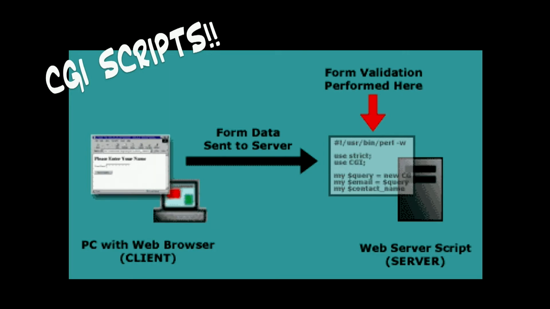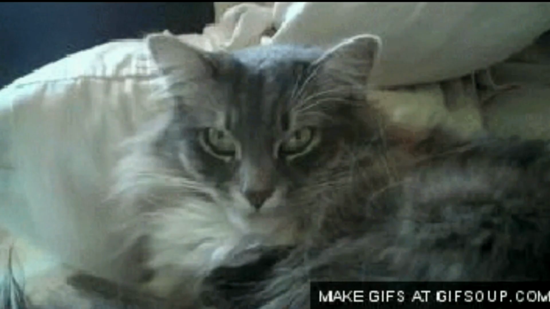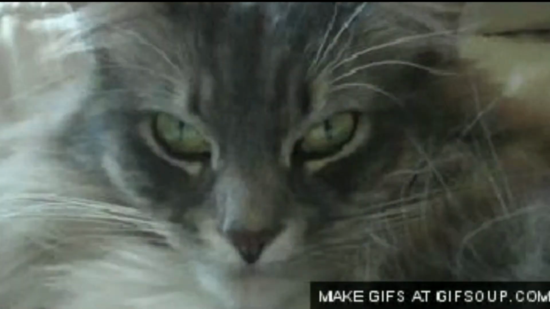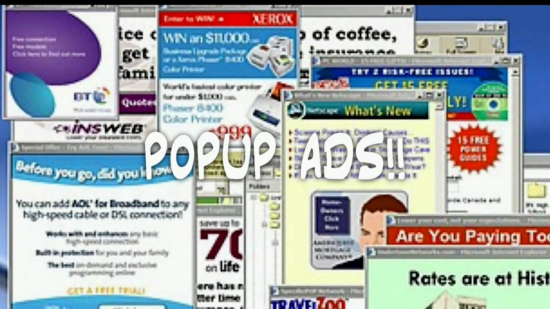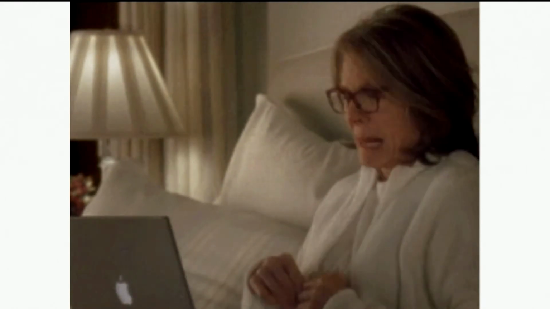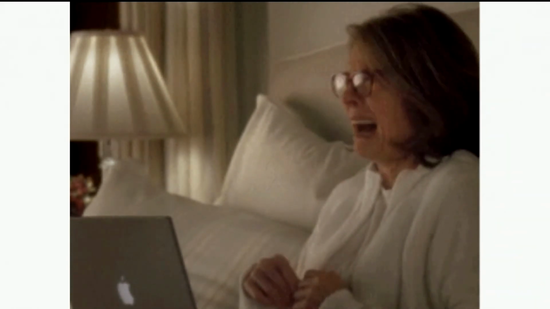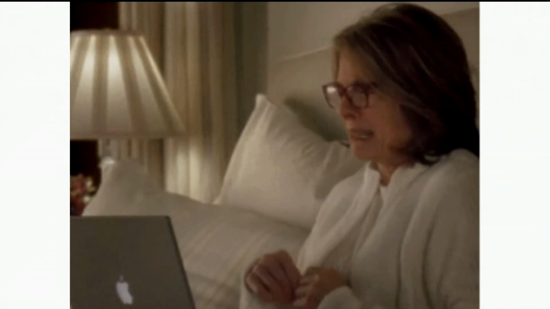But as with any new technology, there were those who would use JavaScript for the forces of evil. Yes, with JavaScript, the pop-up ad was born. Gee, thanks, JavaScript. Yes, everything was terrible. The web was becoming a nightmare, and not just because of pop-up ads, but because an increasingly large number of sites only worked in one browser on one platform.